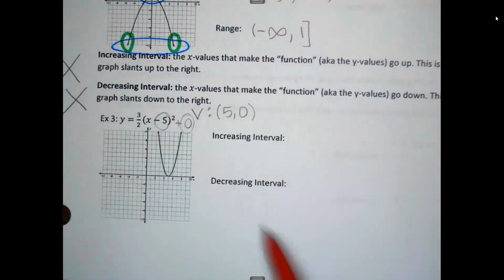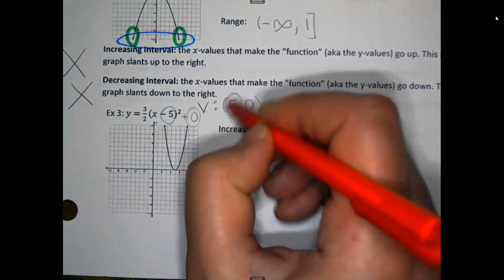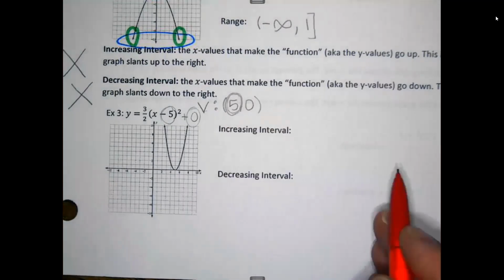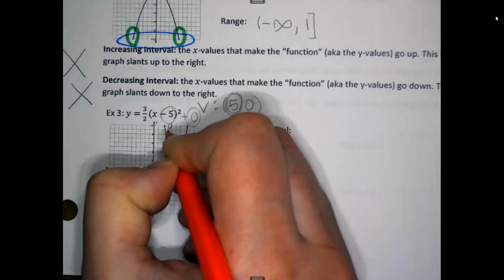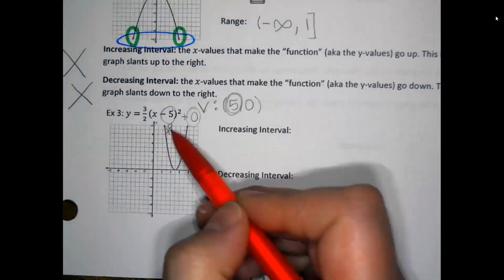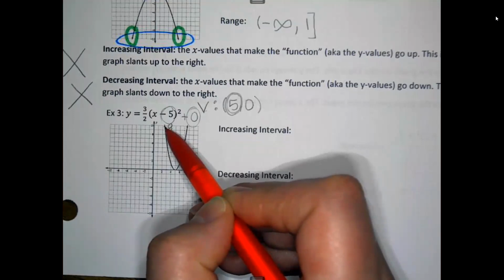So +5 and 0 is the vertex. And then because these are X values that I'm using, I'm going to focus on the number 5. So I'm going to put my stick figure right here, and he is starting at a left arrow. What number is a left arrow? Negative infinity.